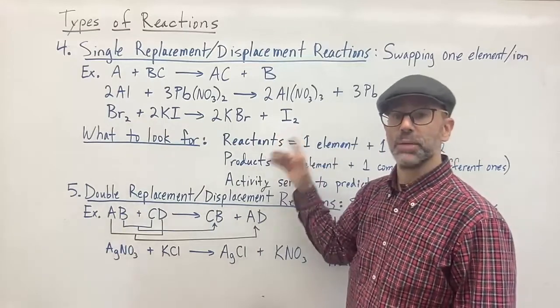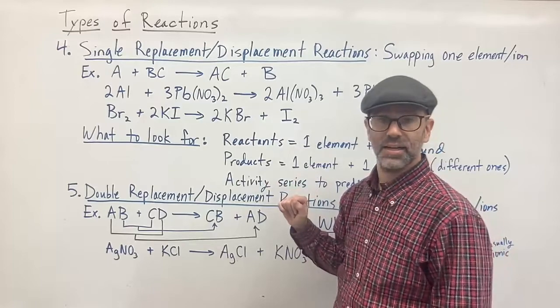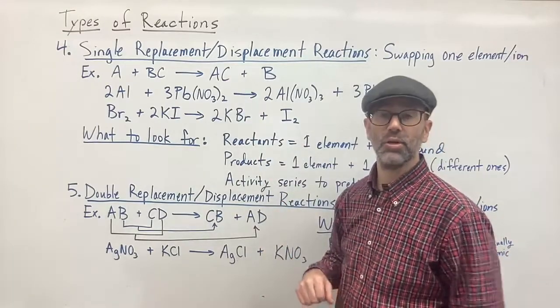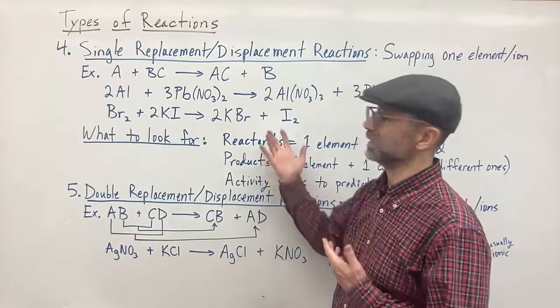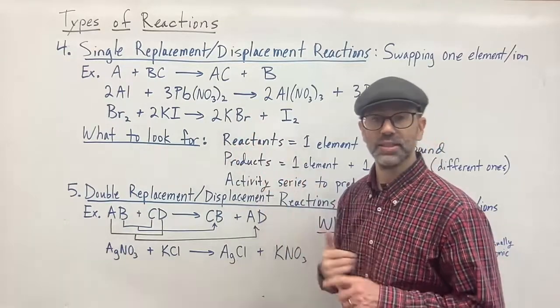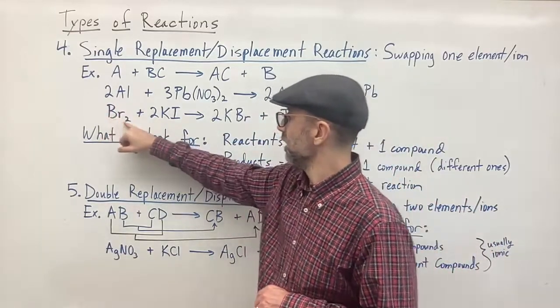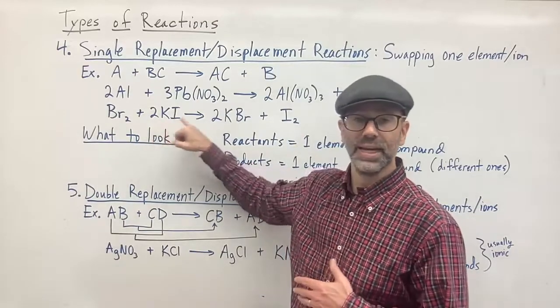So it's being replaced or displaced by the other nonmetal. And so both of these are examples of a single displacement or single replacement reaction. And as you can see, the reason it's called a single replacement or single displacement is because you have one element replacing singly one other element in a compound.